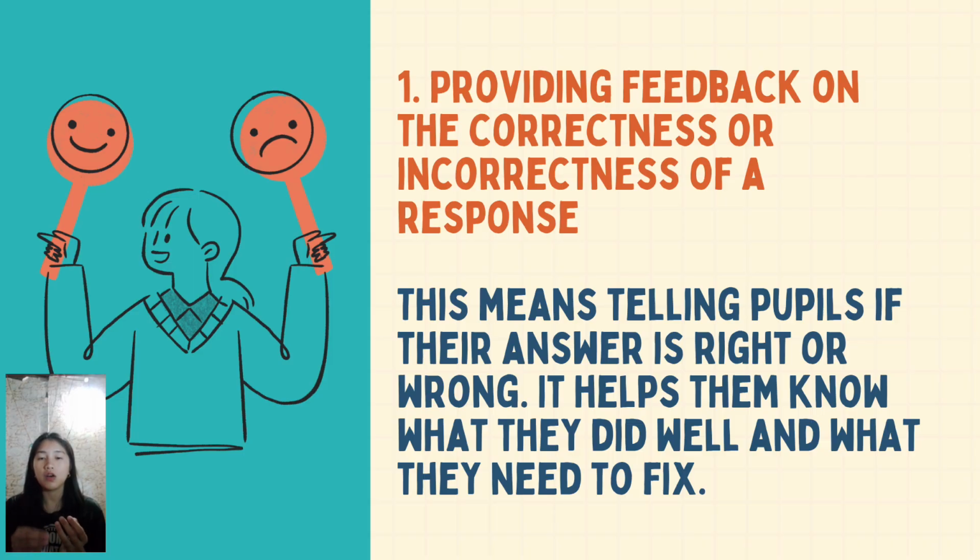Let's count from 2 plus 3. So they count 1, 2, 3, 4, 5. And that's the time the teacher will say the right answer is 5, and the teacher will say it in a nice way so that the student will not feel shy.